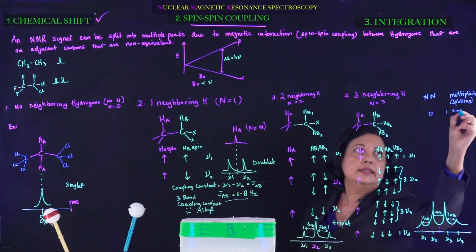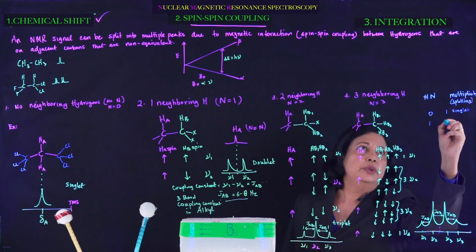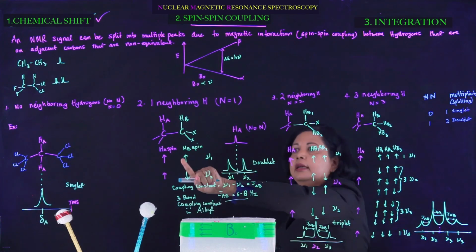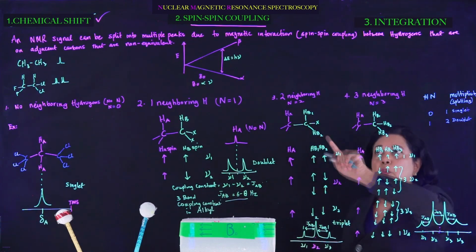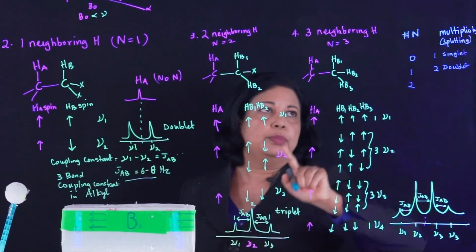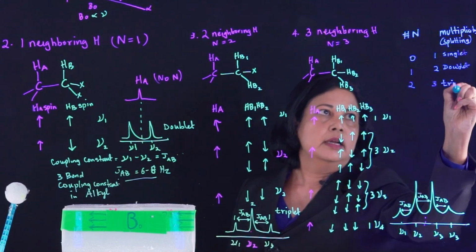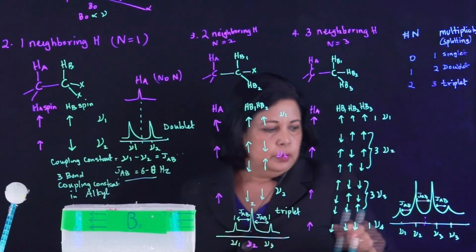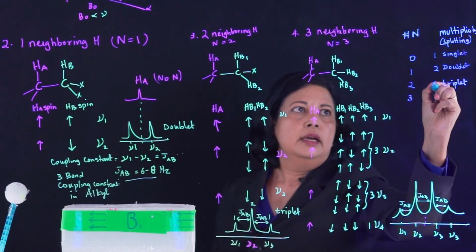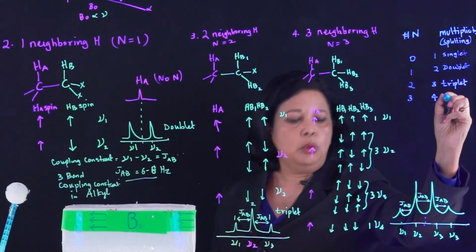When you have 1 neighboring proton, you have a double peak, or a doublet. When you have 2 neighboring hydrogens, you are split into a triplet, 3 peaks or peaklets. When you have 3 neighboring hydrogens, you have 4 little peaks, or a quartet.